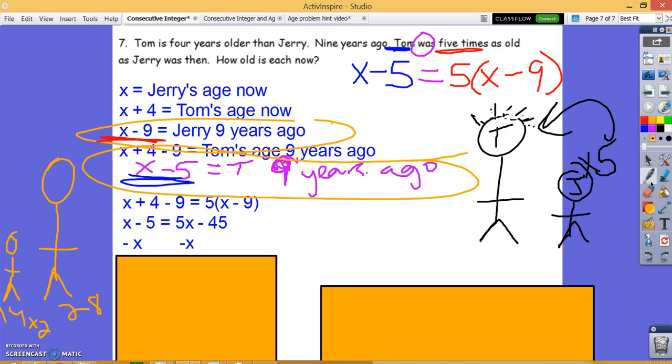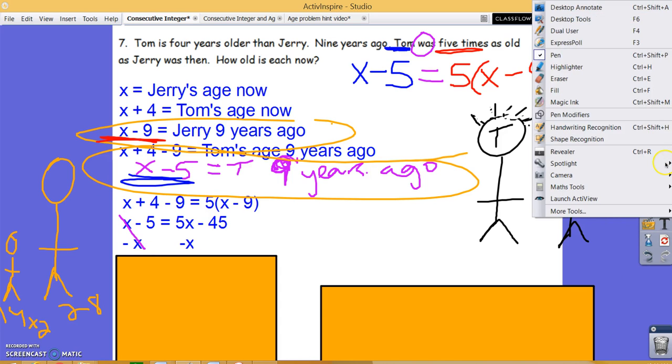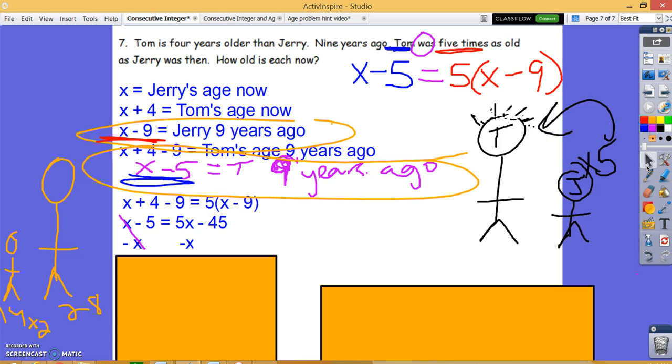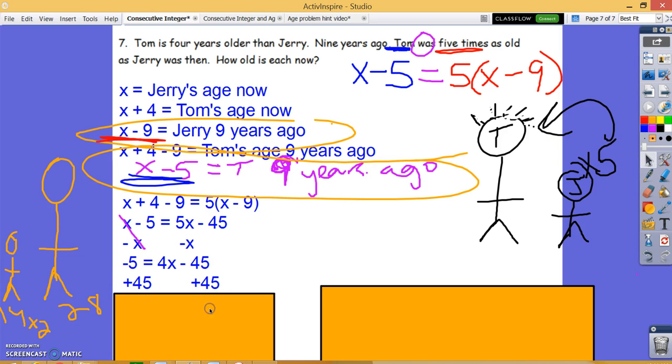The reason that I chose to cancel out x is so that 5x minus x will be a positive coefficient for the variable. So I'm left with negative 5 because when I canceled off my x, that negative sign was still there. So negative 5 equals 4x minus 45.